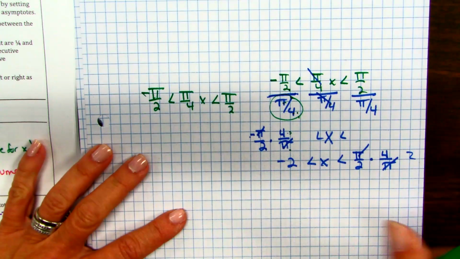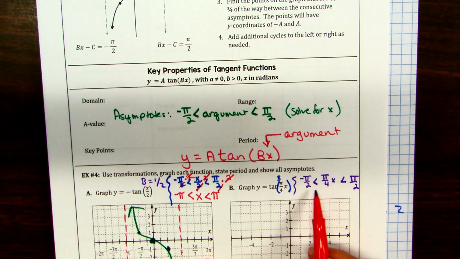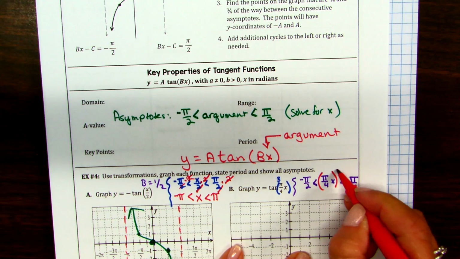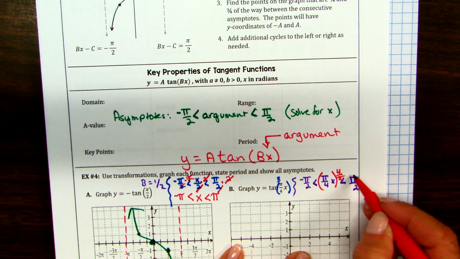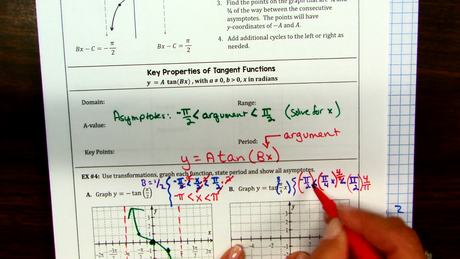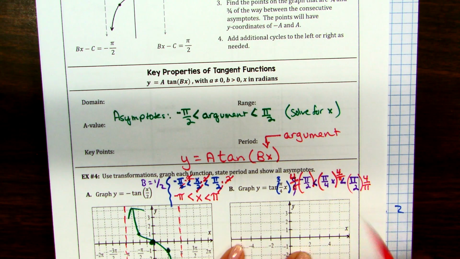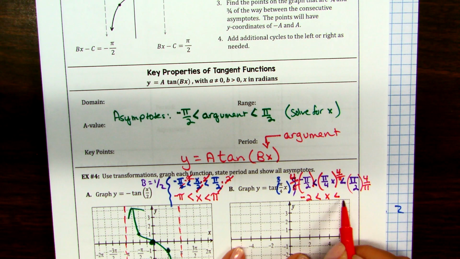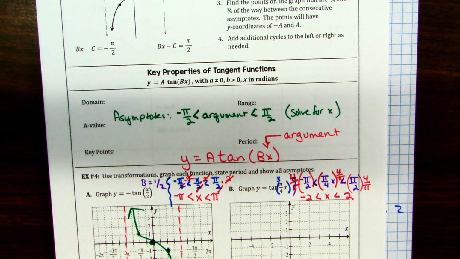So instead of doing this in 2 steps, where I know when I divide by a fraction I'm going to have to keep, change, flip, go ahead and just do the flip. Multiply by the flip, also known as the reciprocal. Then you don't have to do 2 steps. And that will get me negative 2, x, and 2.